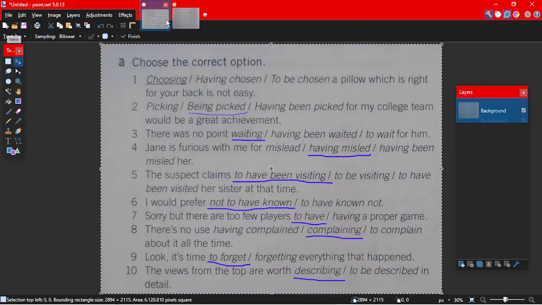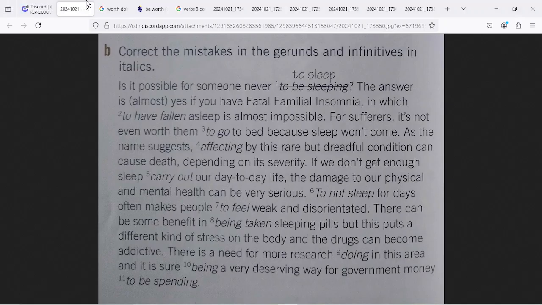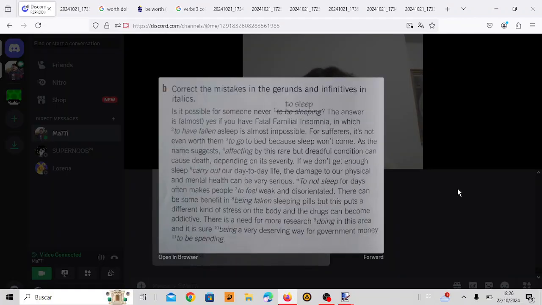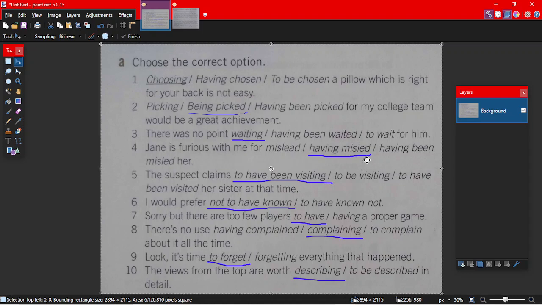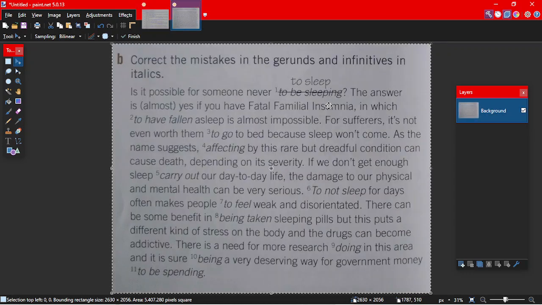The answer is almost yes if you have a pattern familial insomnia in which have failed. Okay, in which dormirse. Okay, how would you say that?